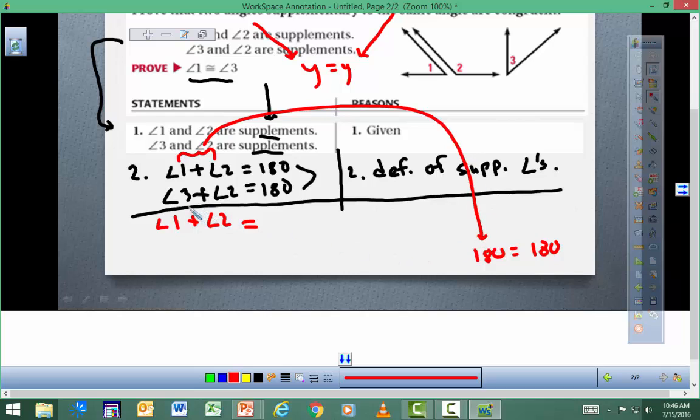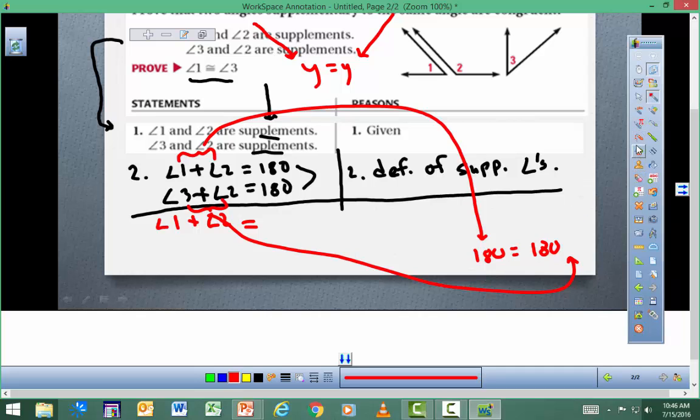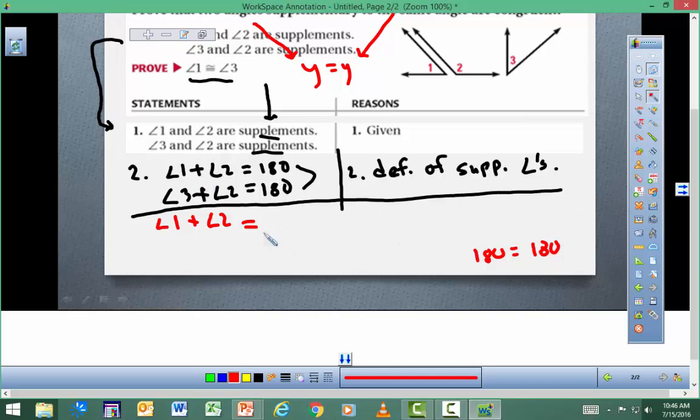And then I'm going to take this part right here and put it on the other side. You see? That's what I'm going to do. So let me just back up now so I get these marks off the screen. And so that's what we're going to write here. Angle 3 plus angle 2.